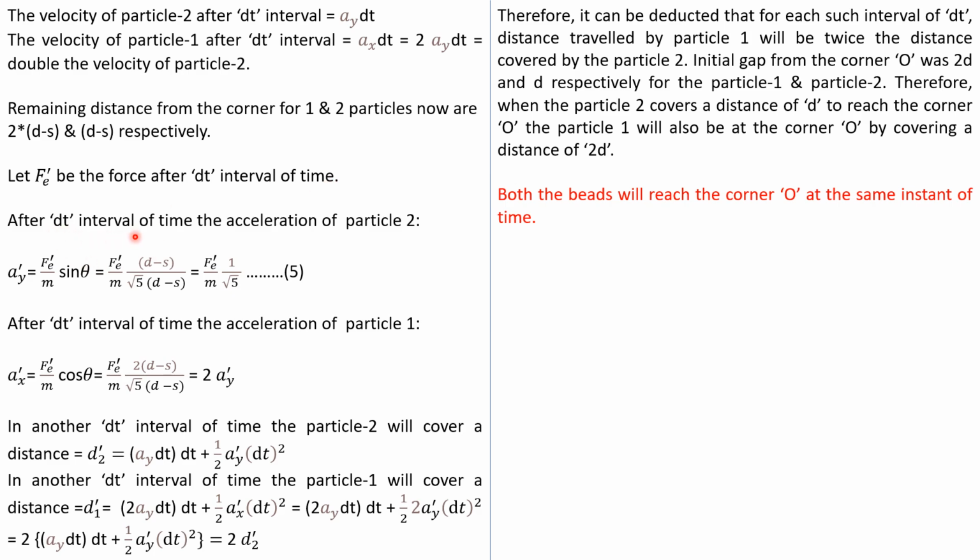So after dt interval of time, the acceleration of particle 2 can be written as a prime subscript y, Fe prime divided by m into sine theta, and we'll put the value and we'll get this equation 5.